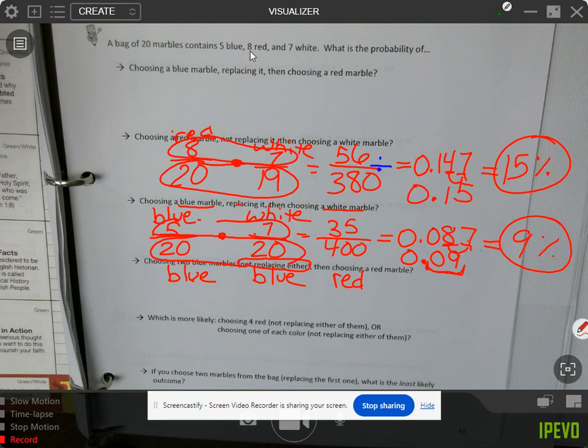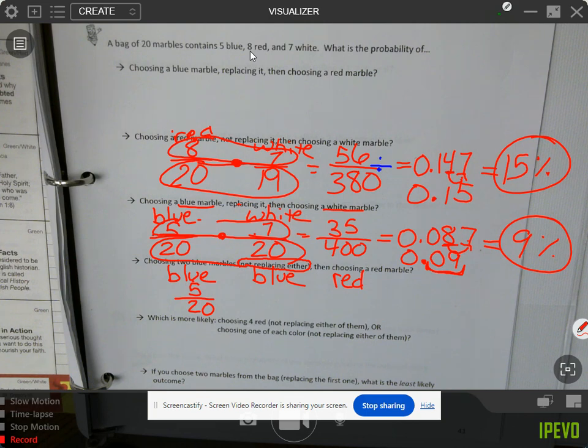You're thinking it through, Claire. I love that. What is the probability of choosing our first blue marble? Yep, 5 over 20. So are we able to just double it? No. Why can we not double it?